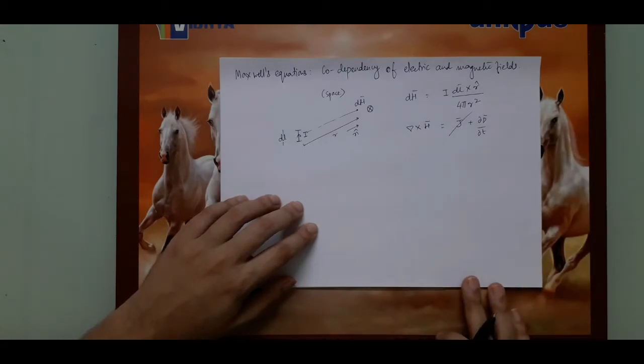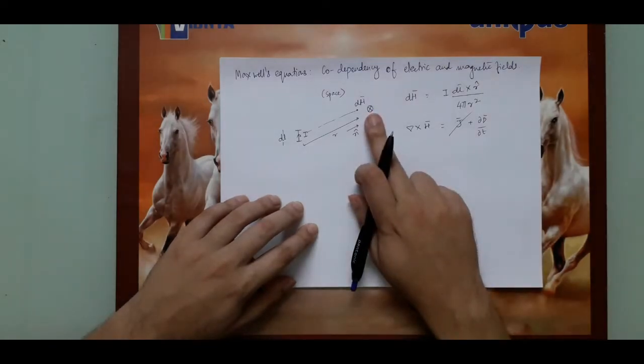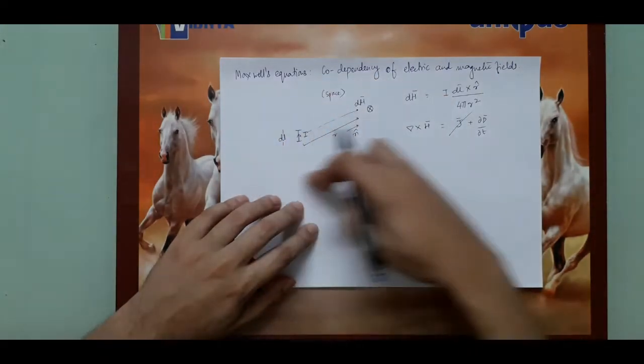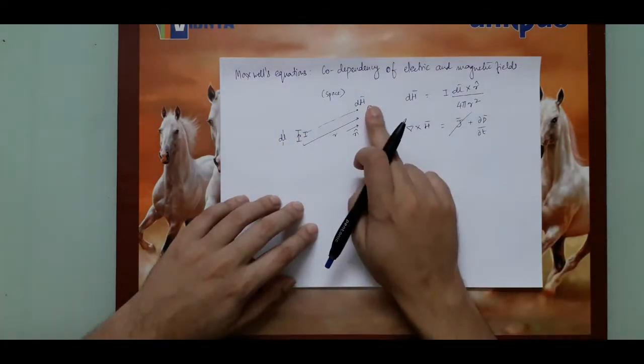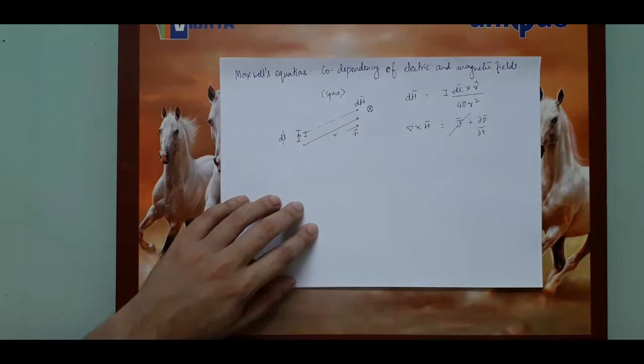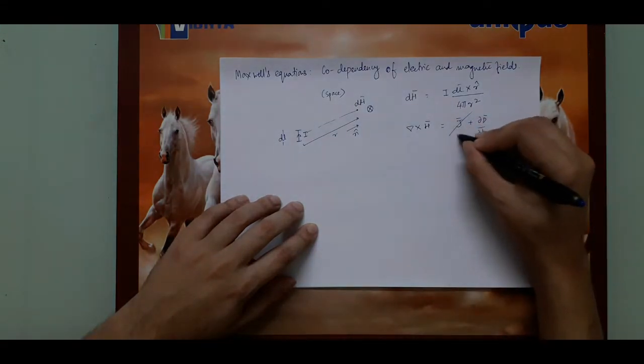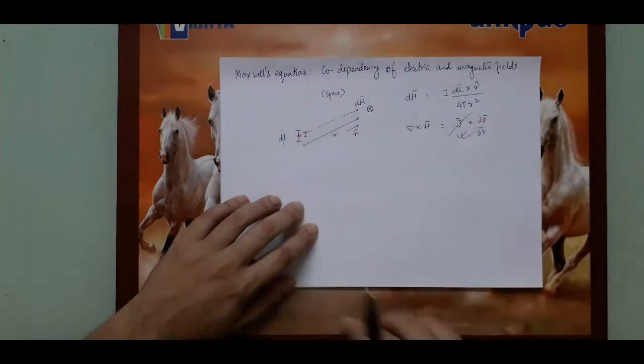Now at this point there will be no J, but overall, since this magnetic field is enclosed around this current element, some J will definitely be there corresponding to this current.